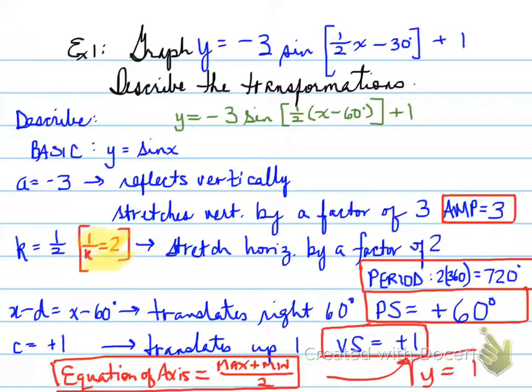In our case, the vertical shift moved everything, the entire horizontal line. Remember the x-axis was our middle dividing line; it moved the whole graph up 1. Because of that, that also is our equation of the axis. So our c value is 1, and therefore our equation of the axis is y equals 1. So that's EA, y equals 1.